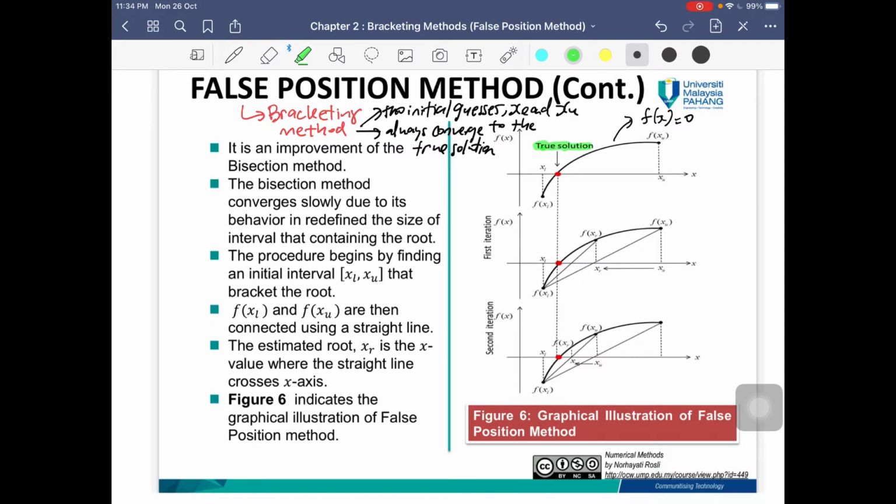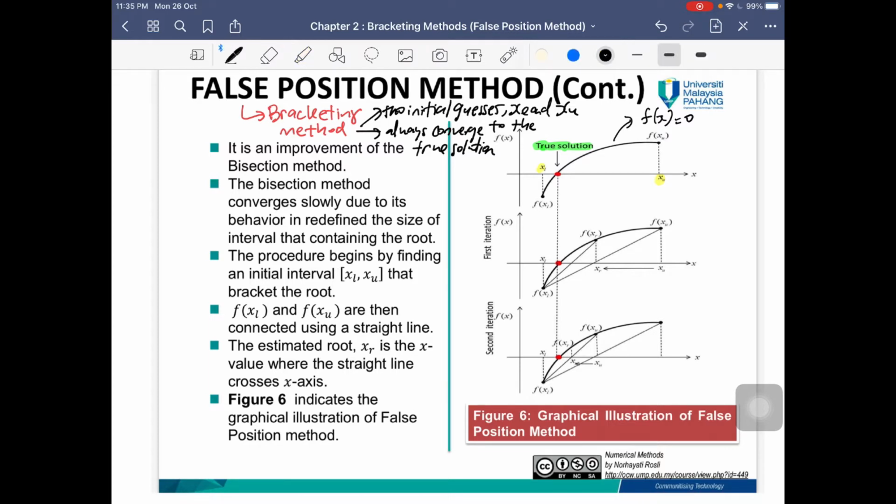To estimate the root of this function, of course we must decide our lower and upper limit, and these limits must bracket the root. So how do we know?